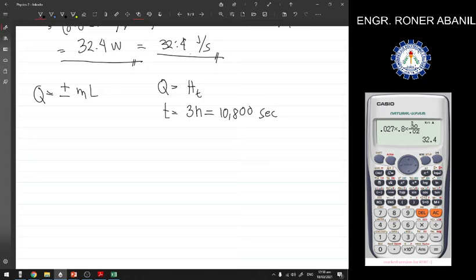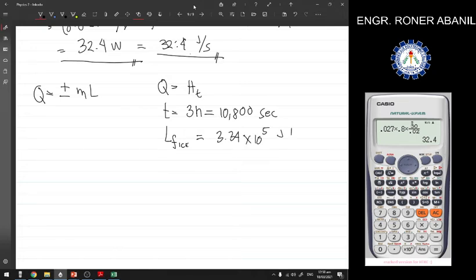Doon sa table 17.4, pwede nating makuha yung LF ng ice na 3.34 times 10 raised to the 5th power.